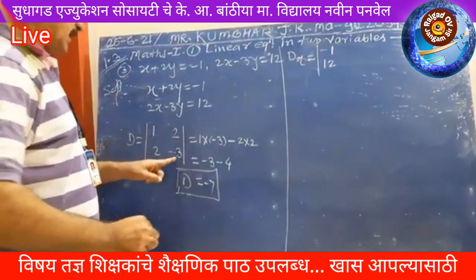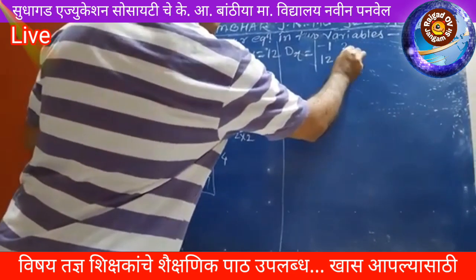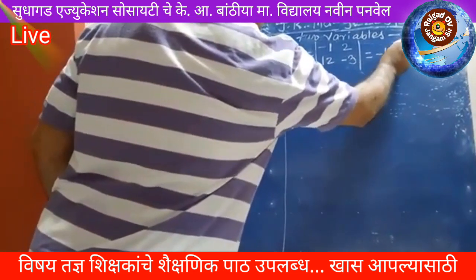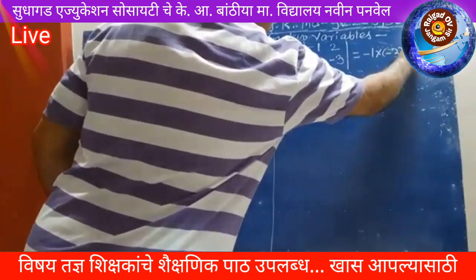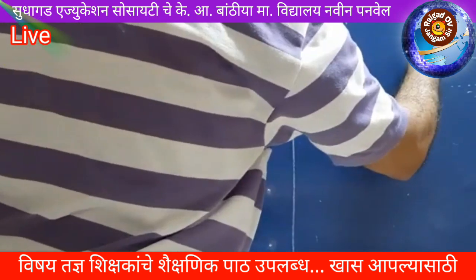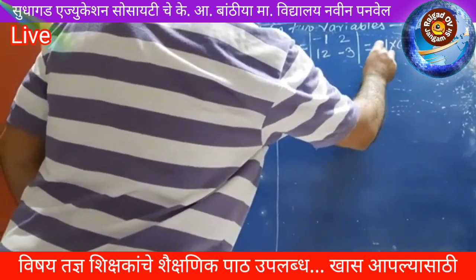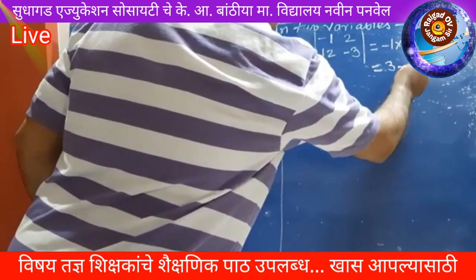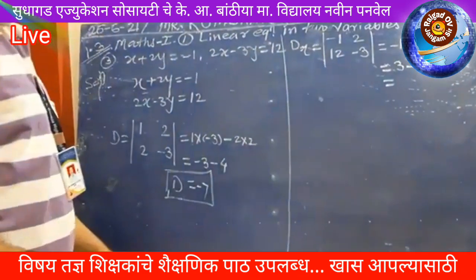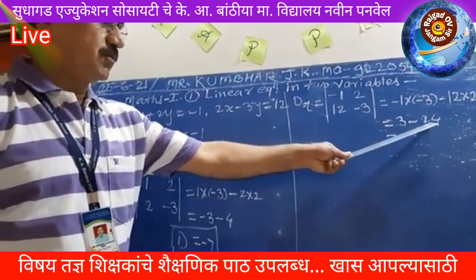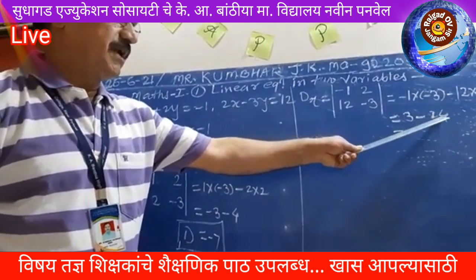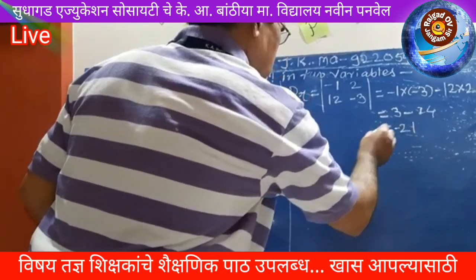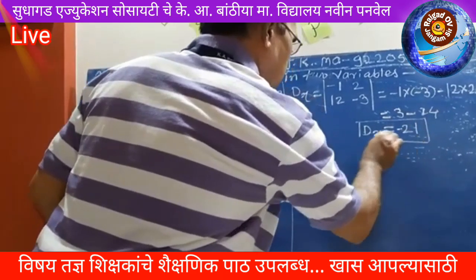The other column stays as it is: 2, minus 3. dx is equal to minus 1 into minus 3 minus 12 into 2, which is plus 3 minus 24. Subtract the smaller number from the bigger: 24 minus 3 is 21, and the sign is minus. So dx is equal to minus 21.